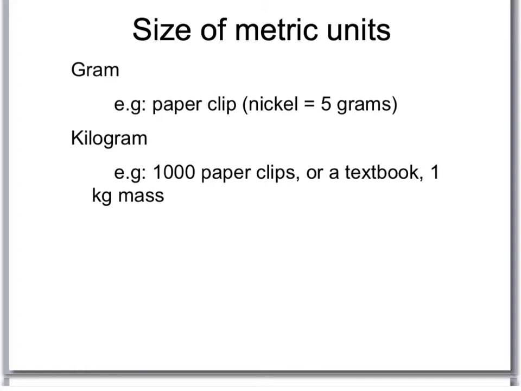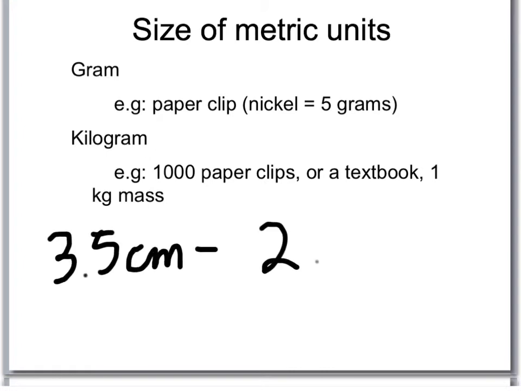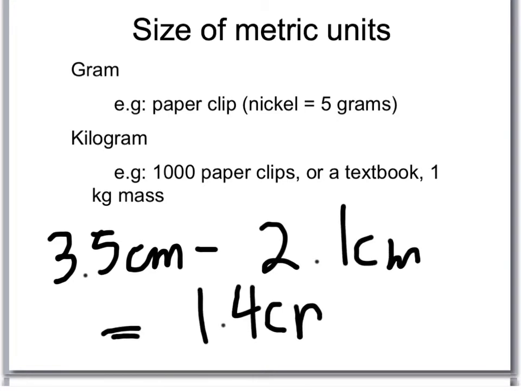We use decimals in the metric system, so if I were trying to do the subtraction that they just were, in the metric system, it would go something like 3.5 centimeters minus 2.1 centimeters equals 1.4 centimeters.